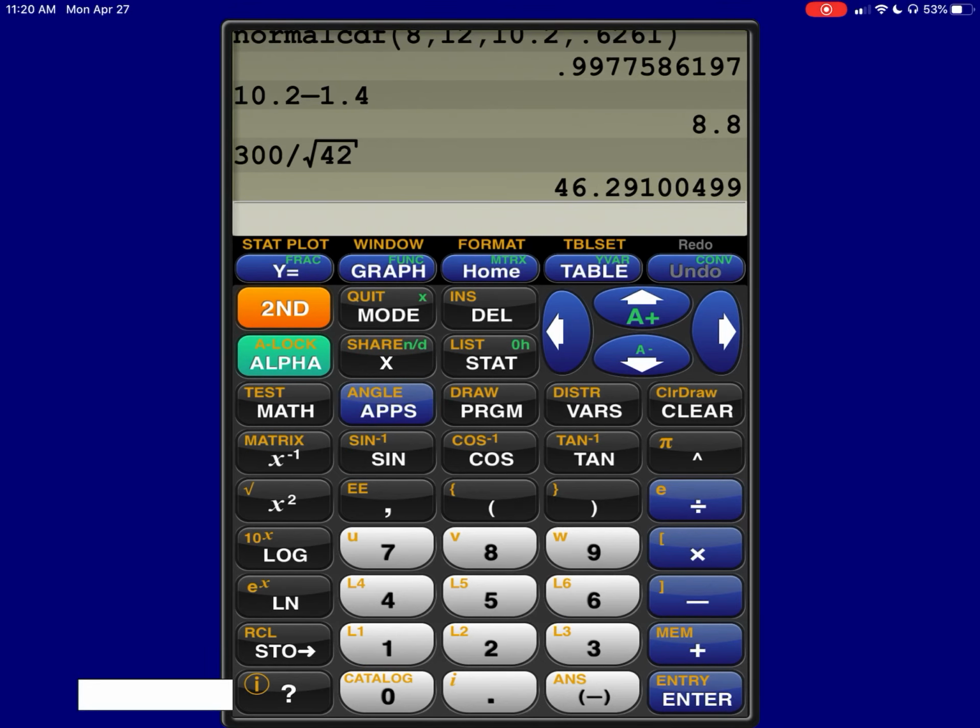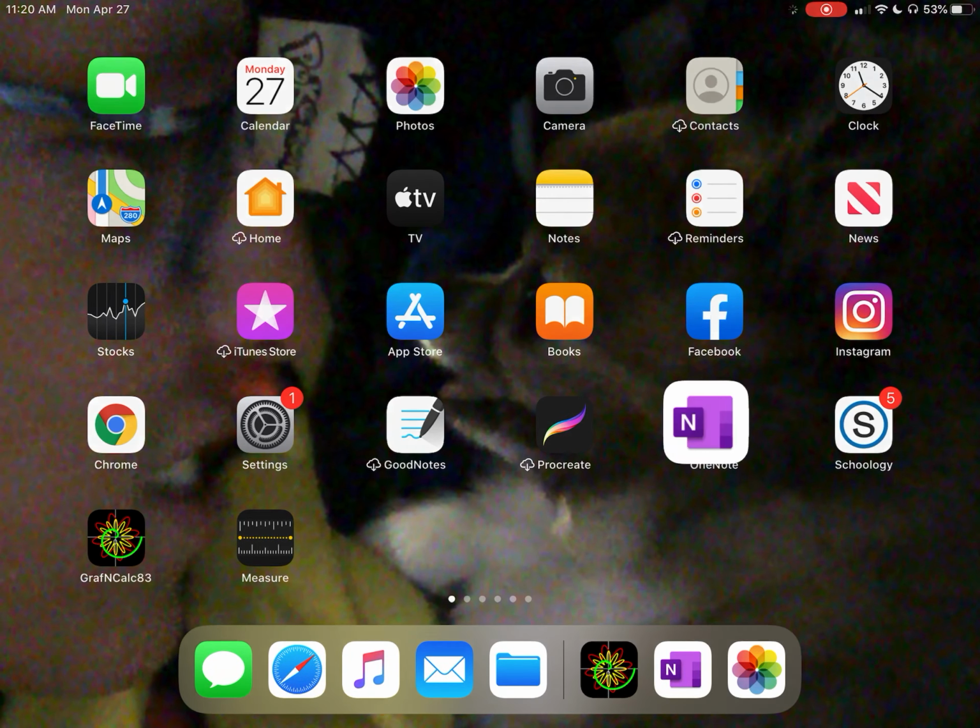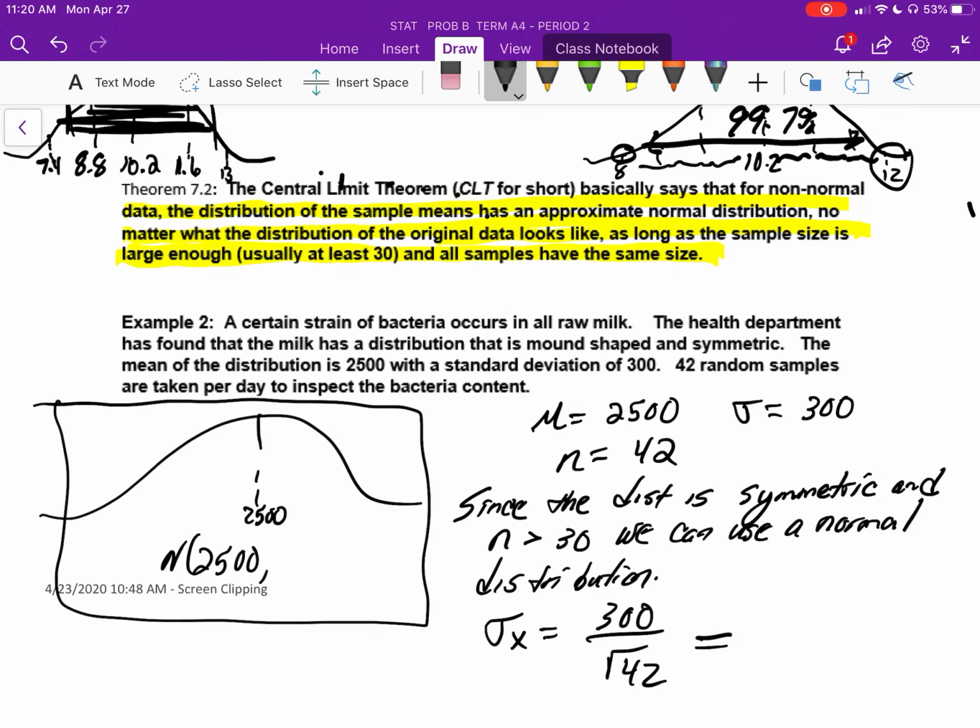So our new standard deviation is going to be 46.3. So I think that's all I'm going to do on this. Maybe in the next video, I'll ask you a question about this bacteria question. I think we just needed to see what model we could use: a model where the mean is 2,500 and the standard deviation is 46.3.